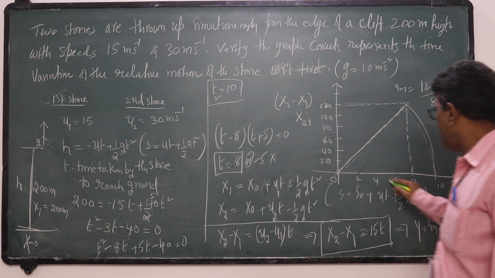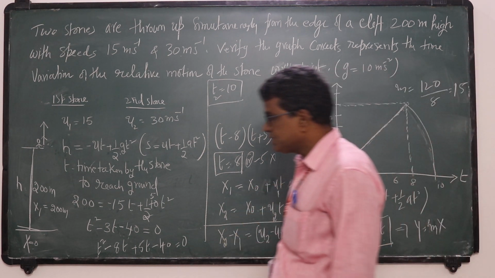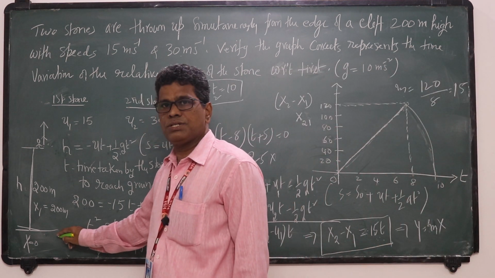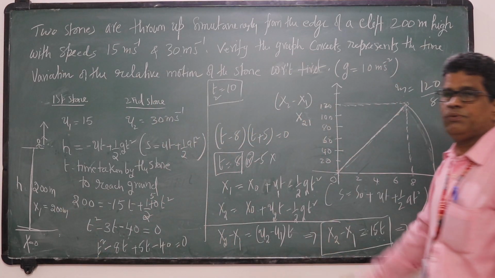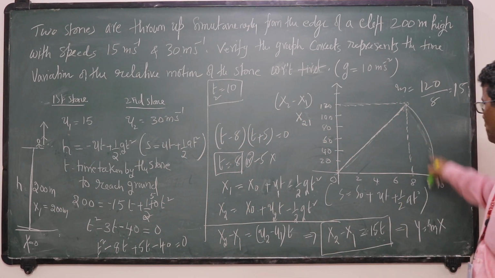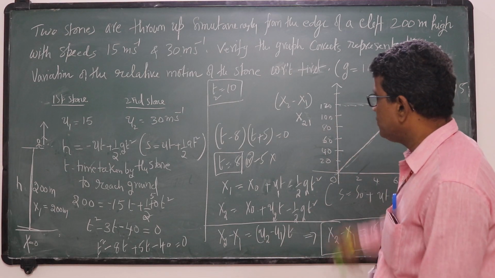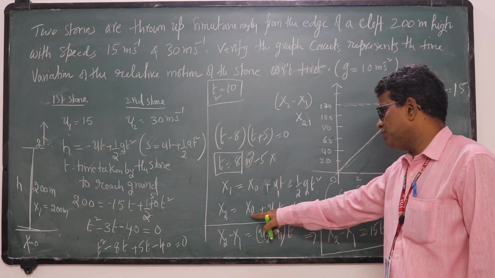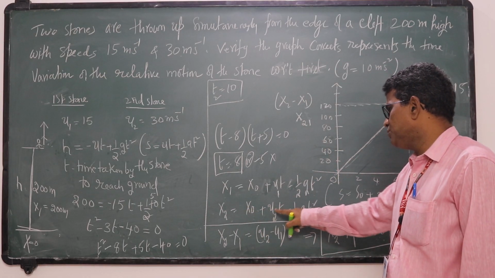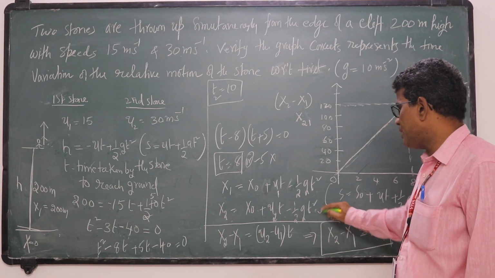After 8 seconds, the first stone reaches the ground, so x1 becomes 0 and we only need x2. x2 is equal to x0 plus ut minus half gt square. So this is the equation of a parabola.